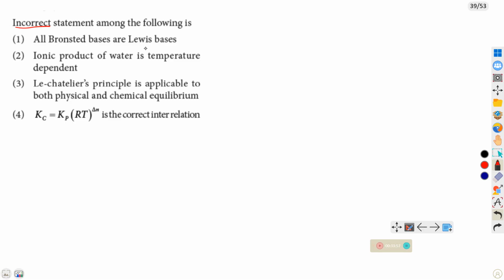All Bronsted bases are Lewis bases, correct. Ionic product of water is temperature dependent, correct. Le Chatelier's principle is applicable to both physical and chemical equilibrium, correct. Kc equals Kp RT power delta n is the correct interrelation. This is incorrect. The correct interrelation is Kp equals Kc RT power delta n.